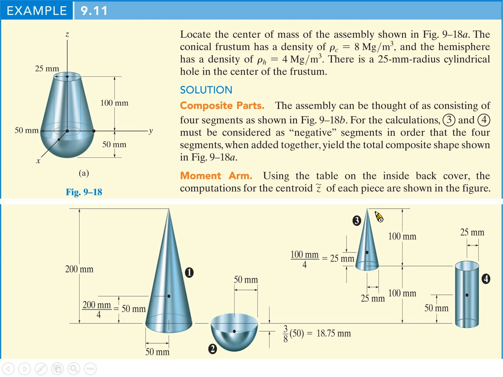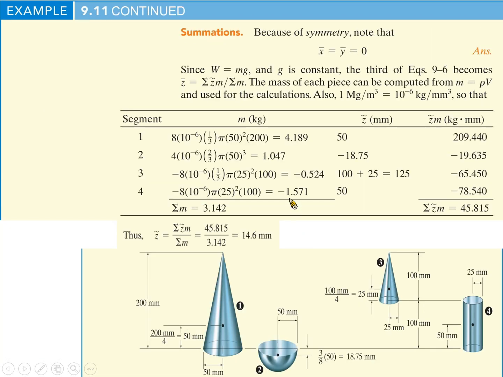Okay, then we move to the other, segment 3. So the centroid is this. And for the cylinder, of course, the center is the middle. And then later on we check. We have to work out the mass. For the mass, we calculate the base area, which is radius times radius, so it's 50 squared, times pi, so it becomes area.